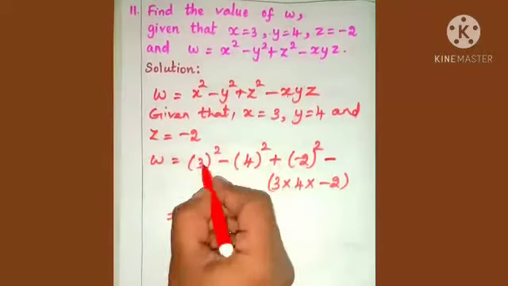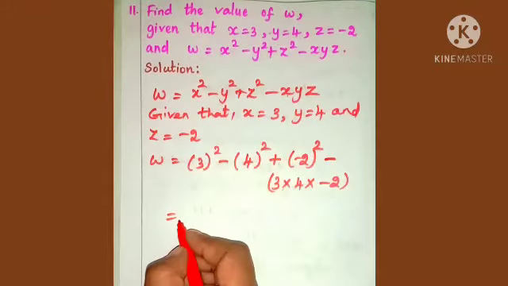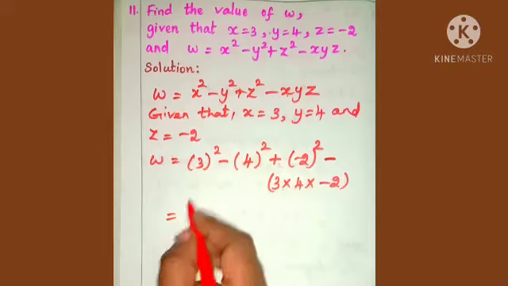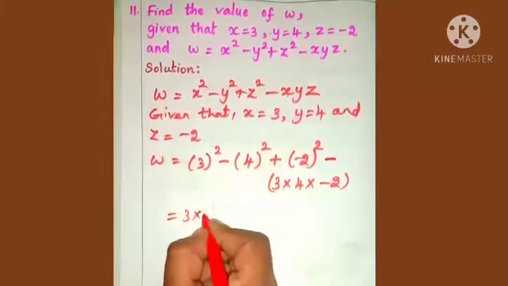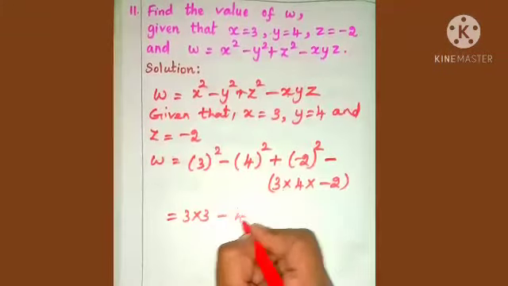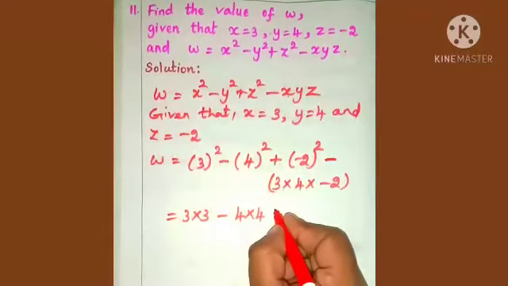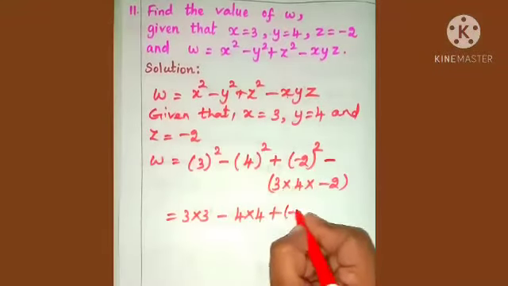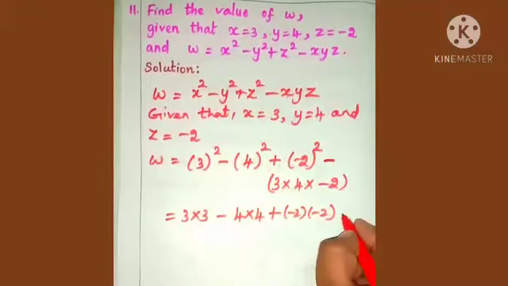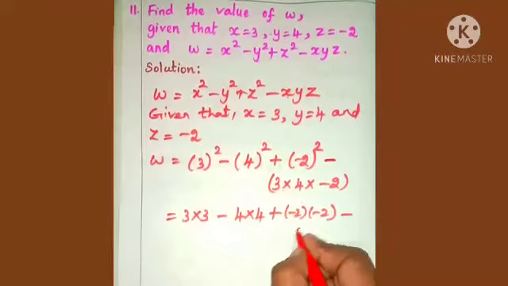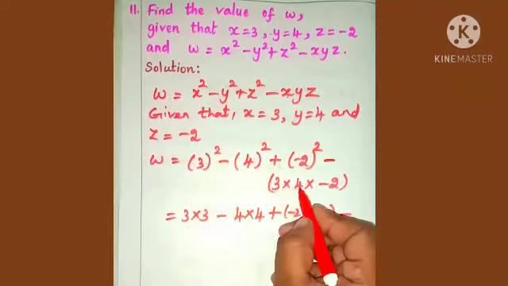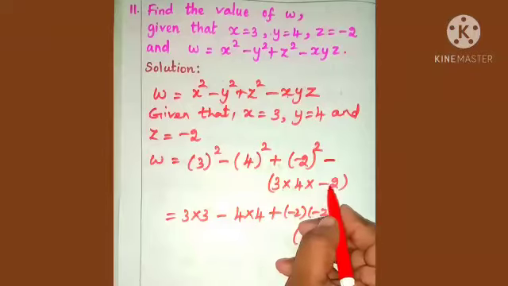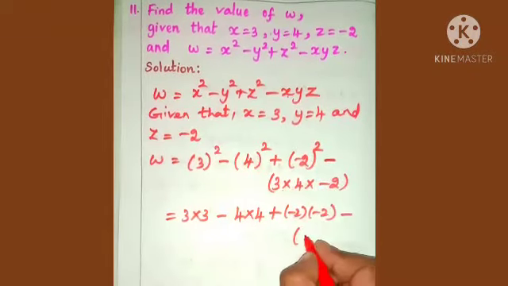And here 3 squared means the number 3 multiplied by itself 2 times, that is 3 into 3, minus 4 into 4, plus minus 2 into minus 2, minus, here we get 3 into 4 is 12, 12 into minus 2 is minus 24.